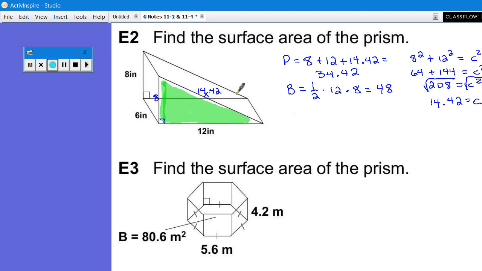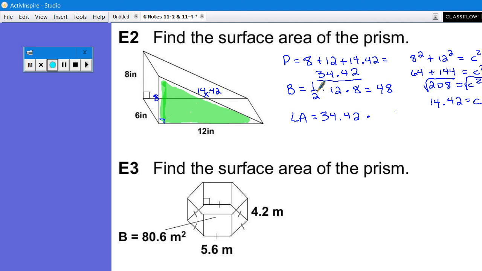The next thing you're going to find is lateral area, but remember, you've already done a lot of the work for this. So when you're doing this problem, you're going to be taking that perimeter, which you've already found right here. It is 34.42. And you're going to be multiplying it times the height of our prism. Remember, height does not mean going up and down.